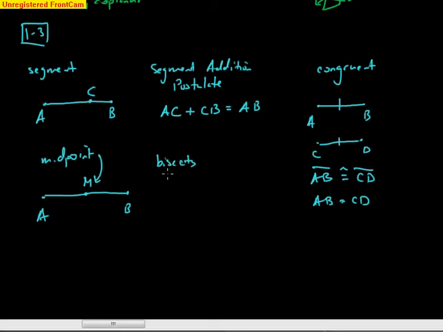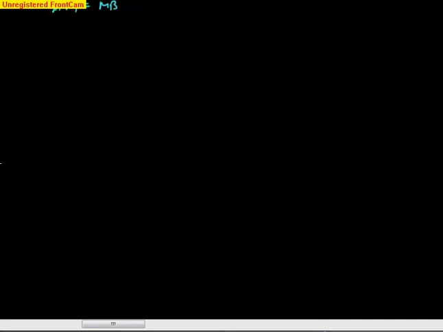That word bisects is very key. It breaks the segment into two congruent parts, A to M and M to B. So segment AM is congruent to segment MB. Or AM is equal to MB. And again, you can use that in problems as well. And that's all about section 1.3 and segments.